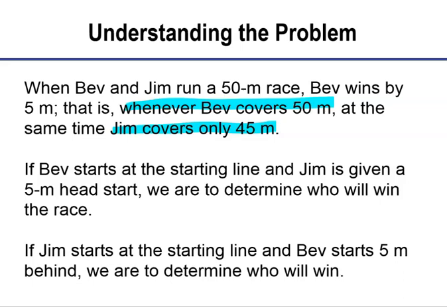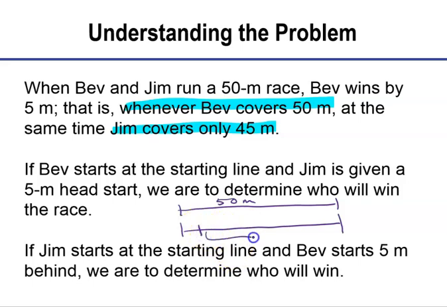And you know what? A diagram might be the way to go. Okay, so 50-meter race. Here we go. There's our race right there. 50 meters. Okay. Now, right here, that's what Bev runs, right? In the second situation, she's running the whole 50 meters, but Jim gets to start 5 meters in.